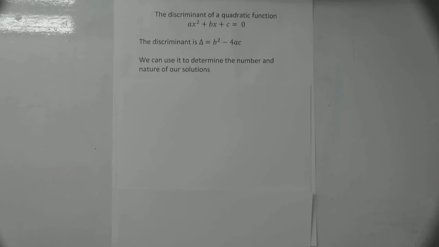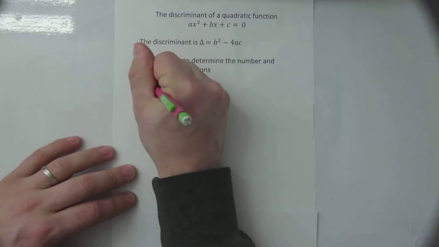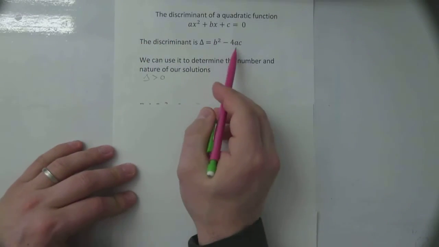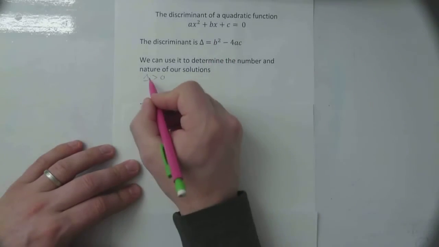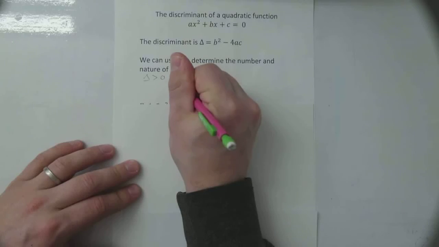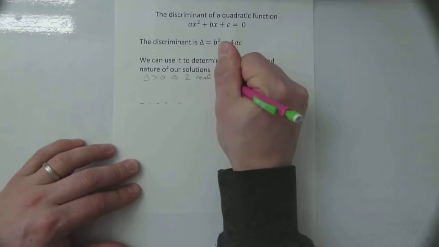solutions. So there's 3 scenarios that our value for delta can be. Case 1 is our delta is greater than 0. So if we calculate this expression, plugging in our b, a, and c, and we evaluate it, if delta is greater than 0, this will imply that we have 2 real solutions.